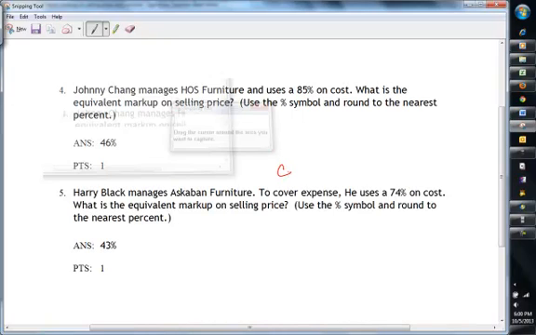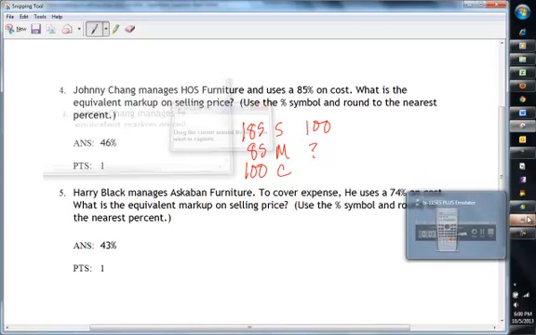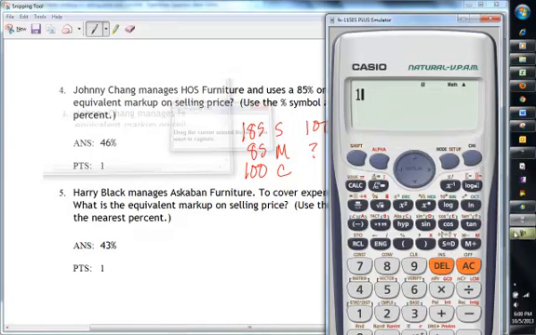So if cost is the bottom, we've got an 85% markup, which would make selling price 185. If selling price is the base, how much is the markup? So we would take 100 times 85 divided by 185 gives us 46% rounded to the nearest percent.